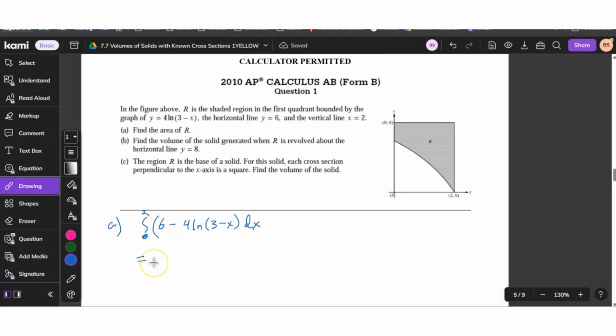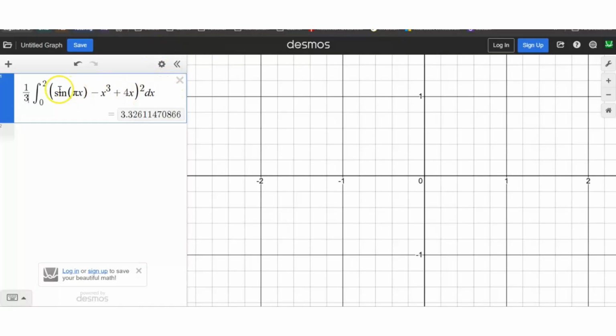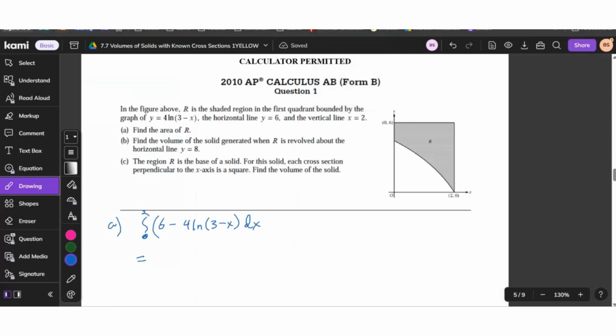So this part doesn't change. It is still from 0 to 2, but inside here, that's going to change. All right, what was it? 6 minus 3 minus x. All right, we get 6.817.